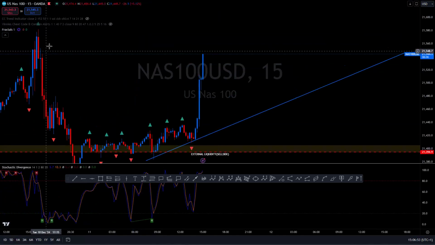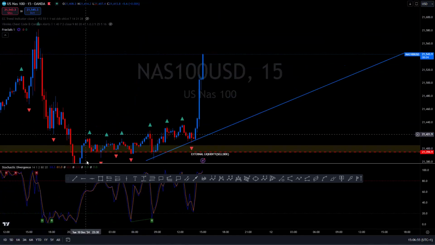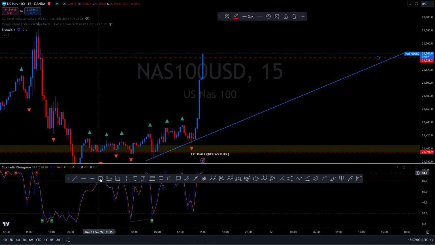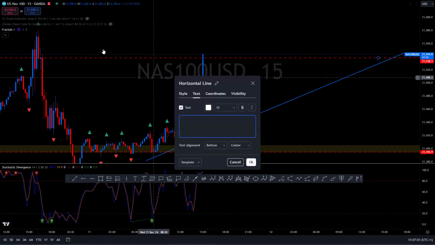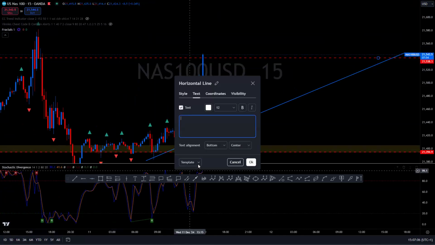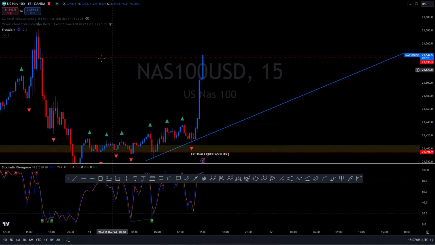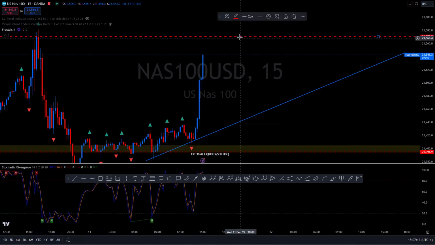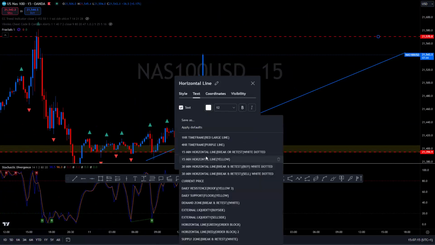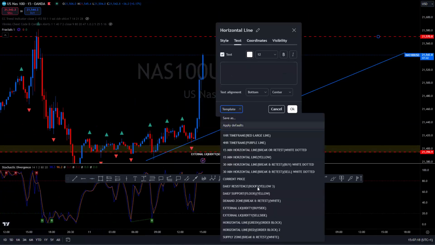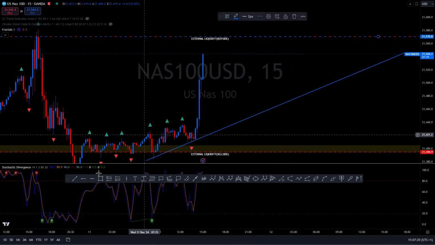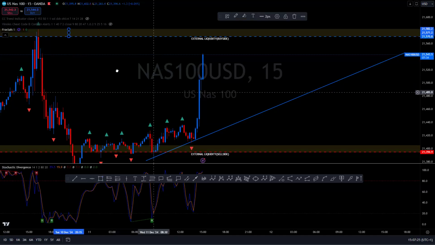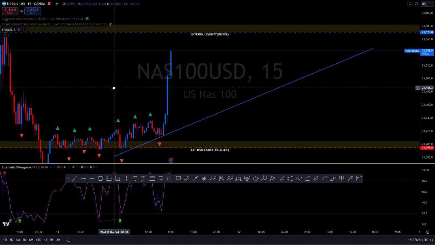Then, when we look at previous structure here, we have some buy side liquidity right up here. Let's mark that up. Actually, I'm going to put it up here. Then buy side liquidity. All right, now we've got this marked up.